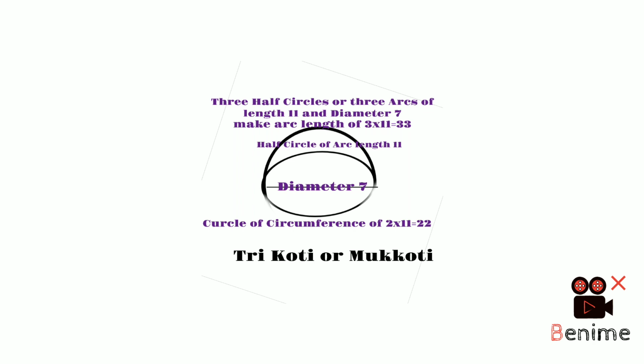It represents 33. So, so far we have learned that koti means the number 11, or the length of a semicircle, the arc of a semicircle. So a bow, when it is stretched enough, will create a semicircle.